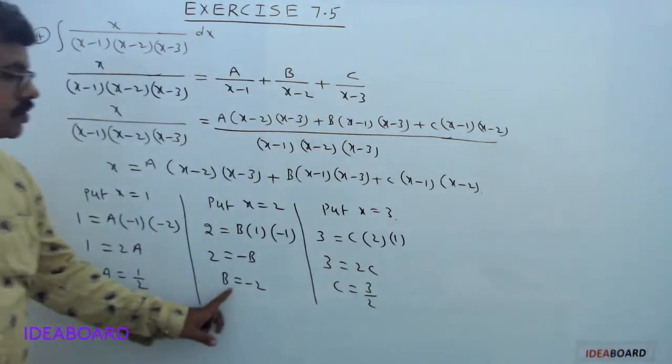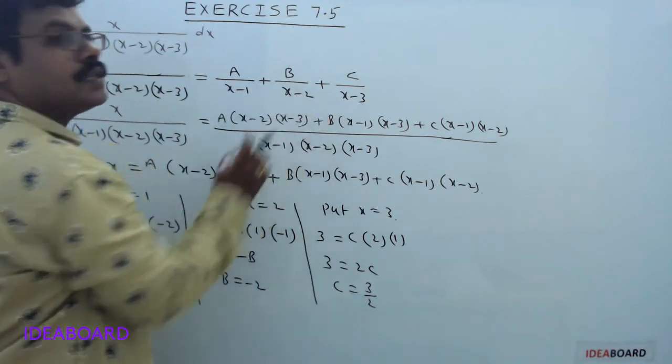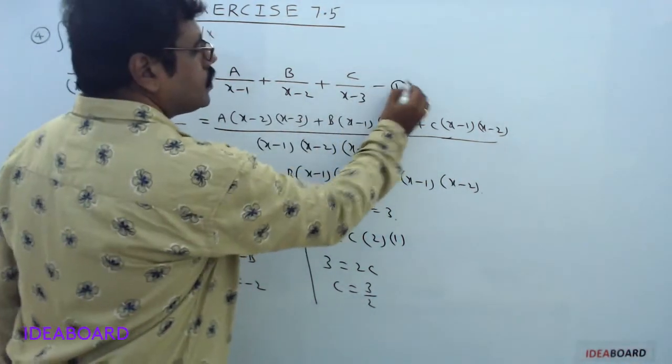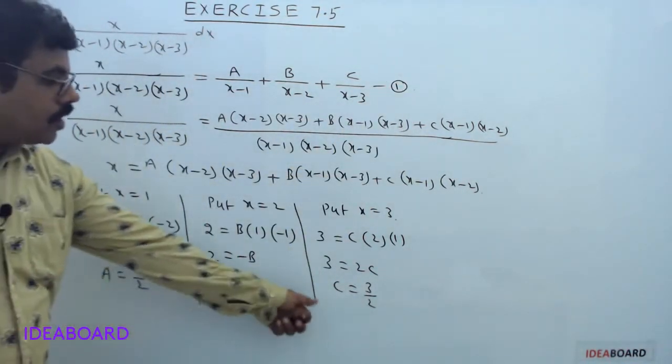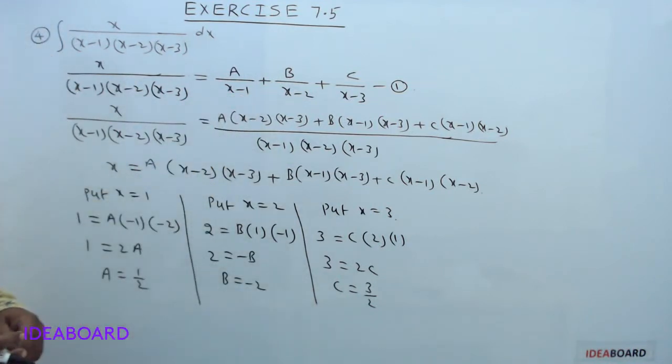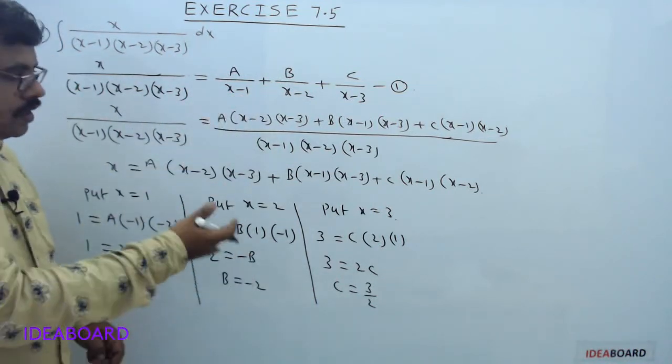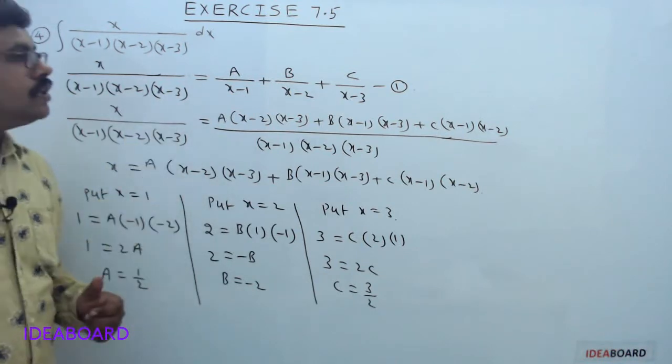Now substitute the values of a, b and c in this equation. Call it equation 1. Write down the values of a, b and c in equation 1. First write down these steps, then we will discuss the continuation.